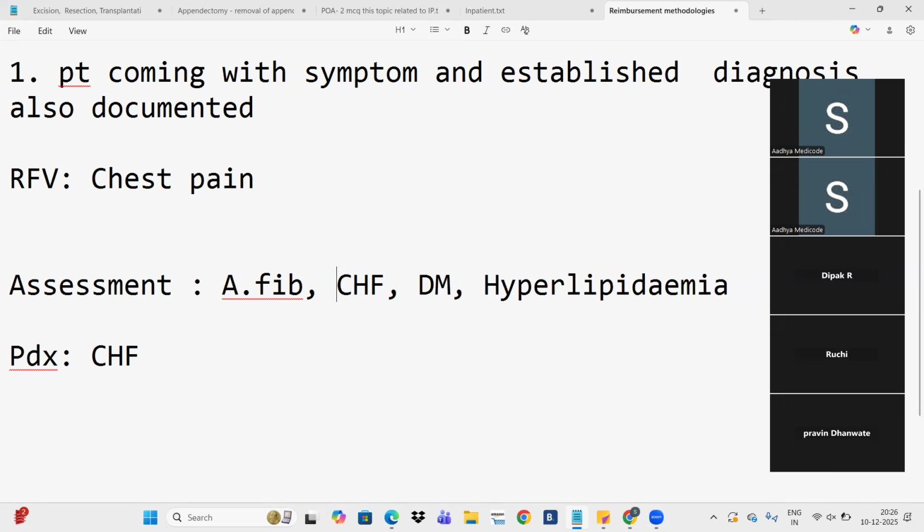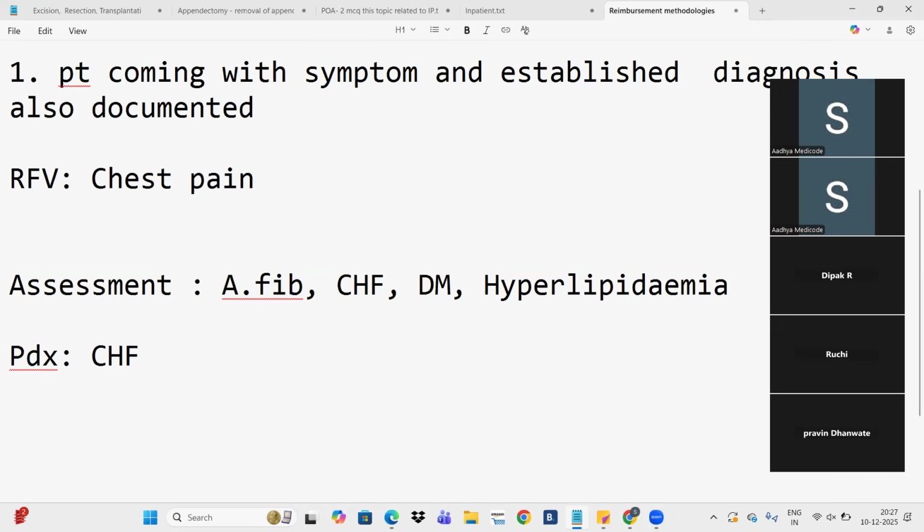Whenever they document more than one diagnosis related to the reason for the admission, we need to check the DRG value. Whichever condition has the highest DRG should be PDX. So if CHF has more weightage, CHF should be PDX. If AFib has more weightage, AFib should be PDX.